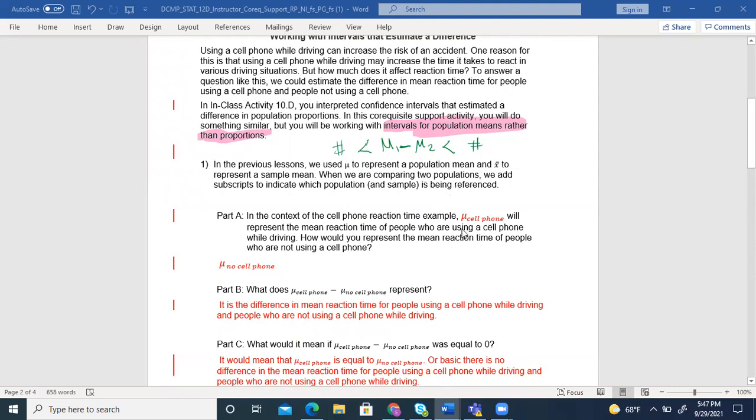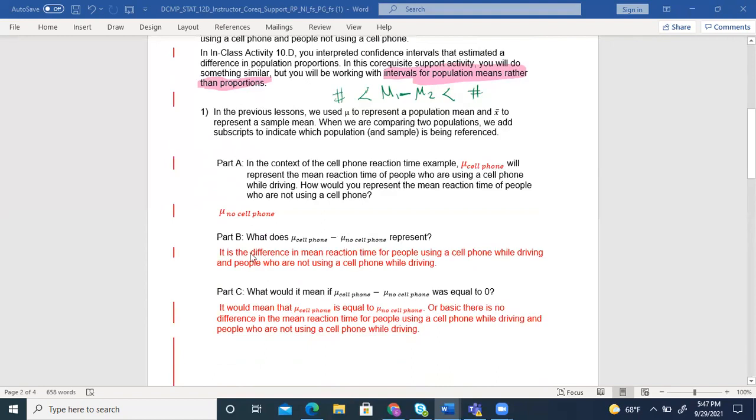We have a group using the cell phone, and we have another group using no cell phone. So mu cell phone is the mean reaction time for people who are using the cell phone while driving, and mu no cell phone is the mean reaction time for the people who are not using the cell phone while driving.